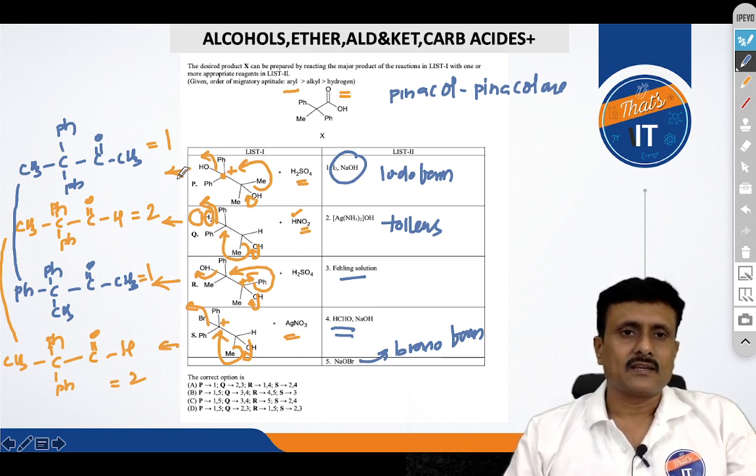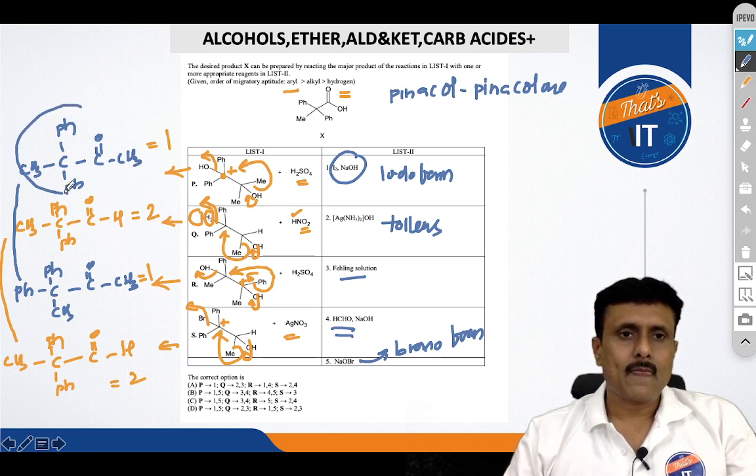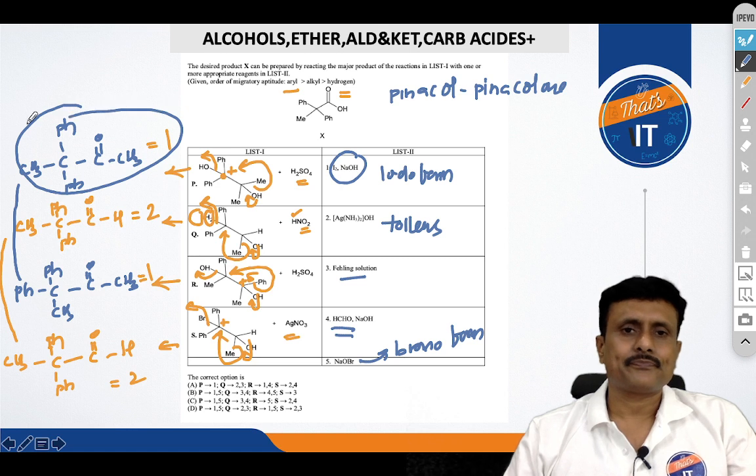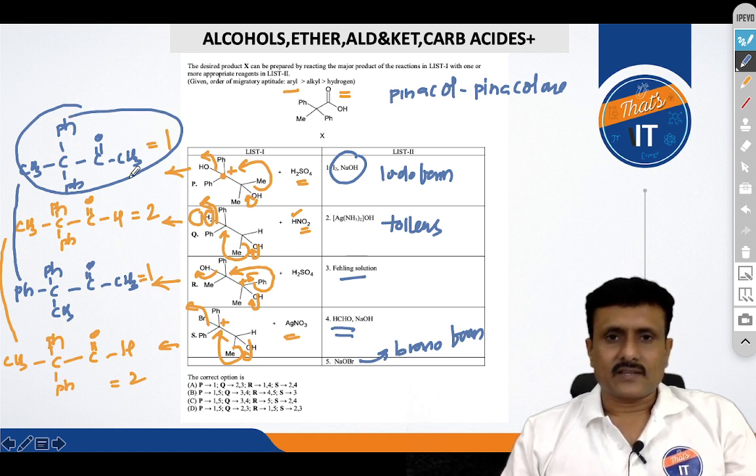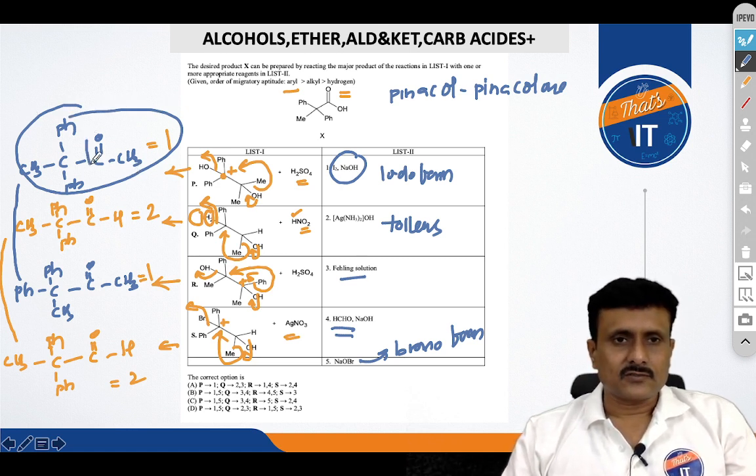You can see P giving rise to a product which is a ketone which has this group. So I2 and OH minus.